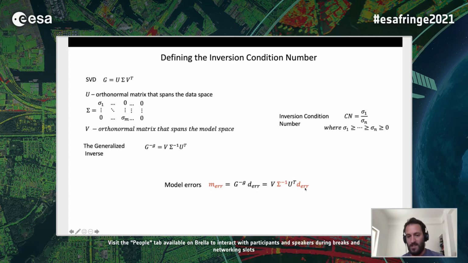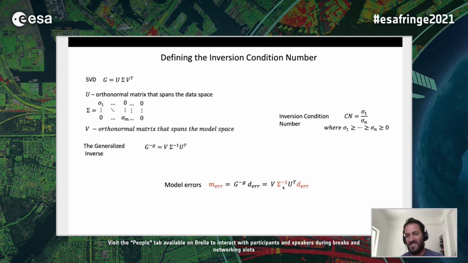We can see that the data errors are mapped to our model along the vectors of U and V, which do not impact the size of the errors because they are orthonormal, they are unit length, and they are stretched by the inverse of the singular values.